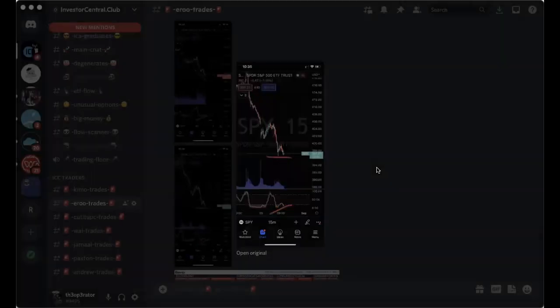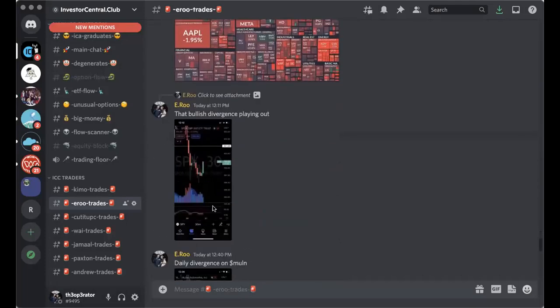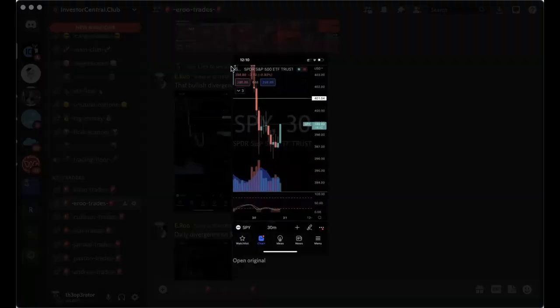And just a couple of minutes later, we had this pop right here. So you'll see how it went from there. It popped out of that because the divergence showed that not only were we overextended and oversold, but the indicators were showing this crossing, and we do have that bullish divergence.